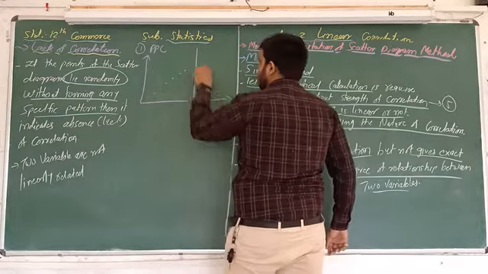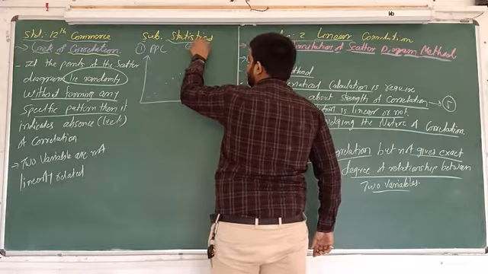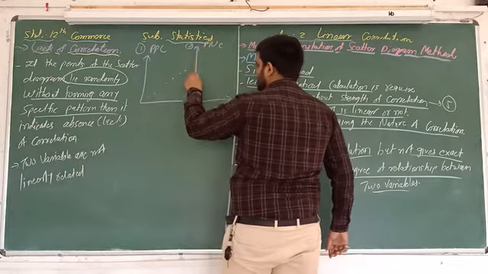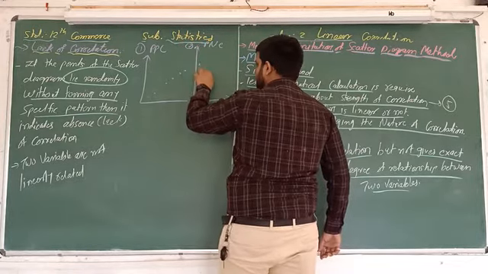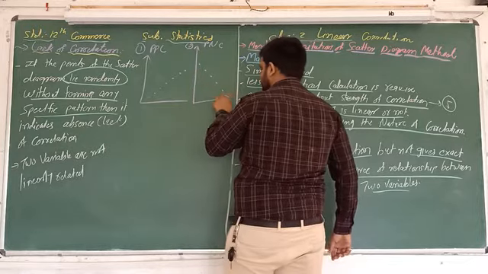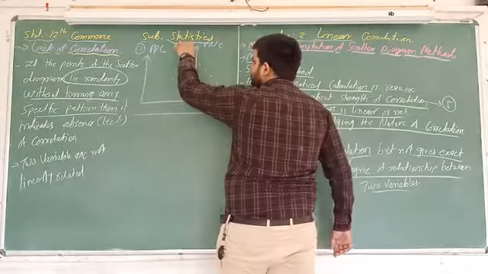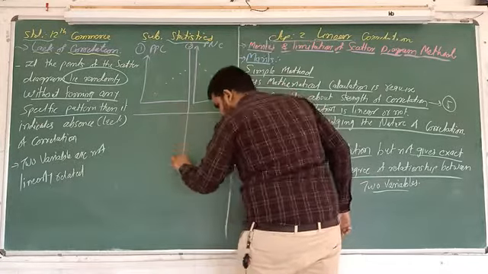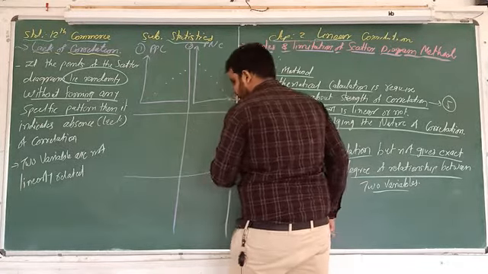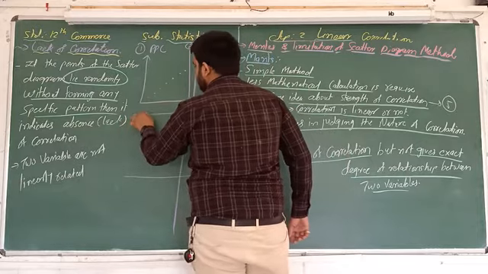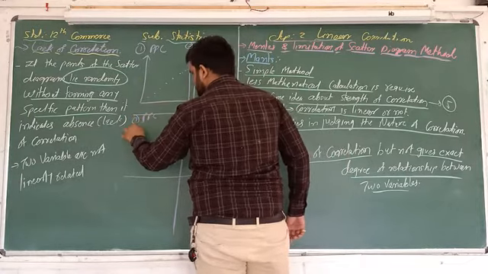What is perfect negative? Perfect negative correlation goes from upward to downward but in a single line. That is perfect negative. These are two types. Now what is the third type? The third type is partial positive correlation.